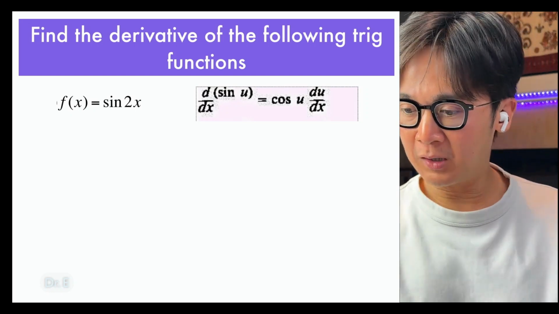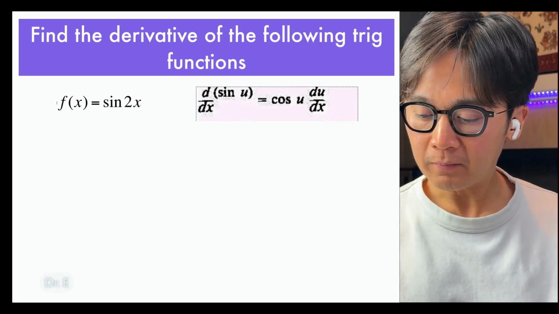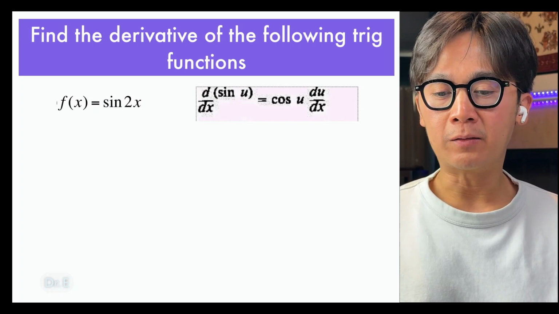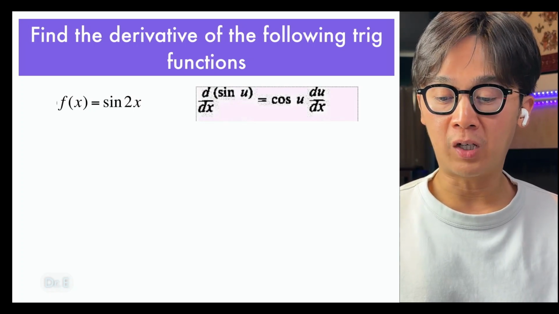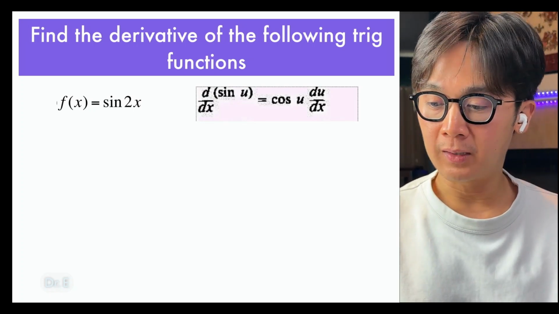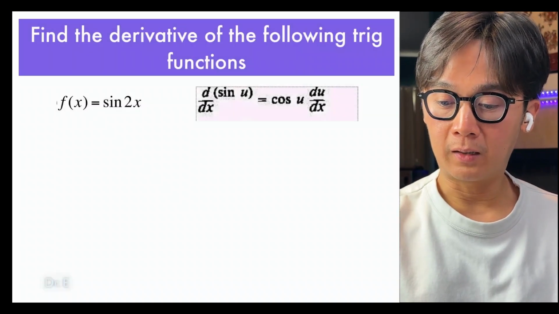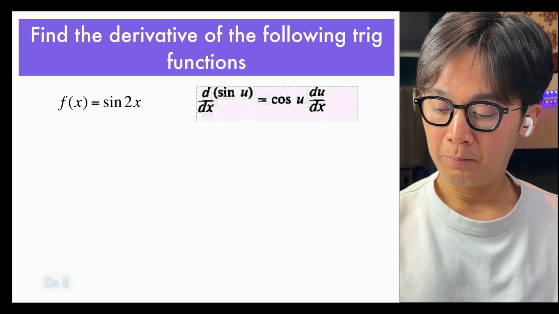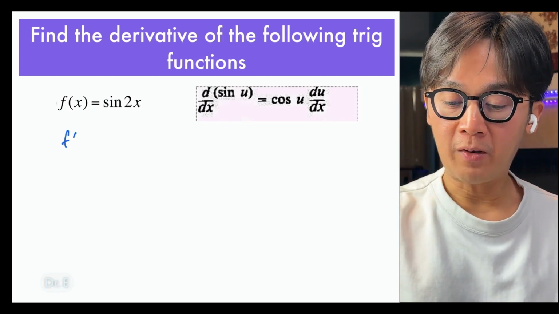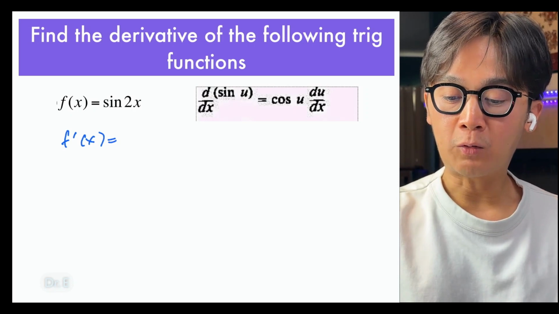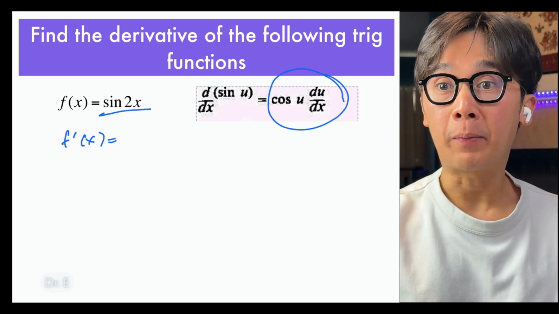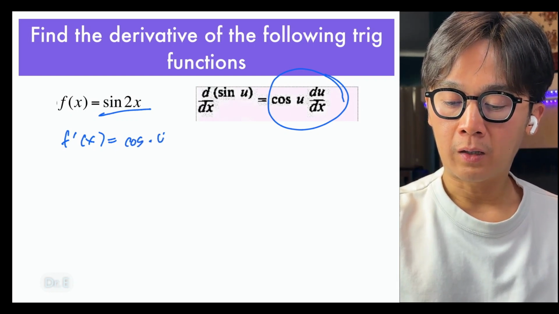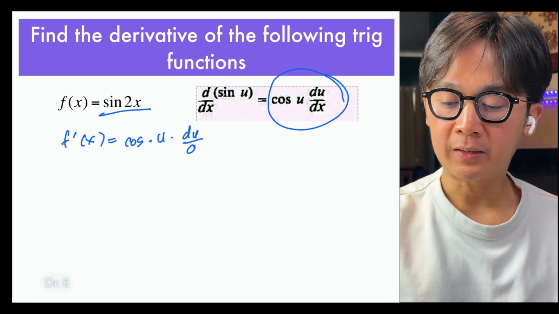Let's answer this because this is pretty easy and pretty quick. So here, whenever I work on derivative of the trig functions, I always write out the formula first. So f prime of x is equal to, I'm just going to copy the formula verbatim: cosine u times du dx.